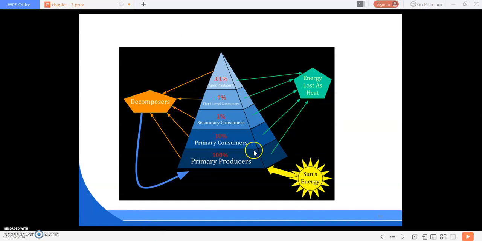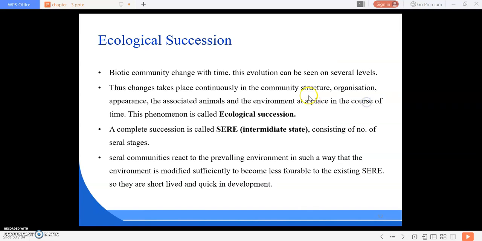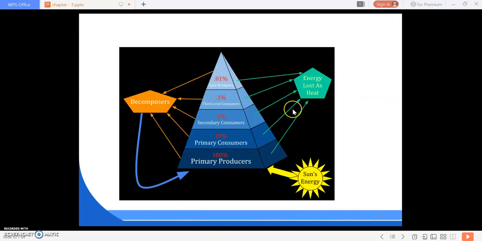Here we can see that the primary producers use 100% of energy from the sun's energy. Then some energy is lost as heat, and some goes to the decomposers. Then it comes to the primary consumers, and they use only 10% of the energy, and again some energy is lost as heat, and some is used by the decomposers.